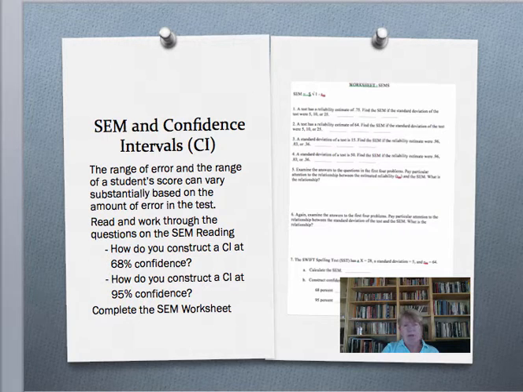You were asked to do this as you were working through the worksheet, but if you come up with some numbers of your own and work through this a little bit, you'll see that the relatively high standard error of measurement on that Peabody contributes to a very wide confidence interval for many of the scores, for many of the various age levels of students.